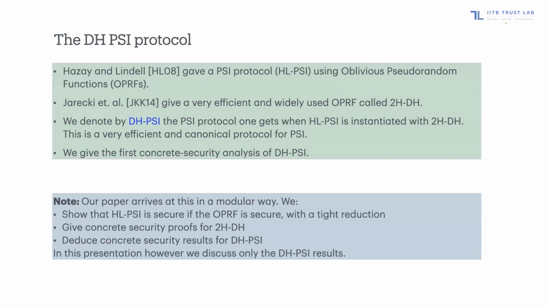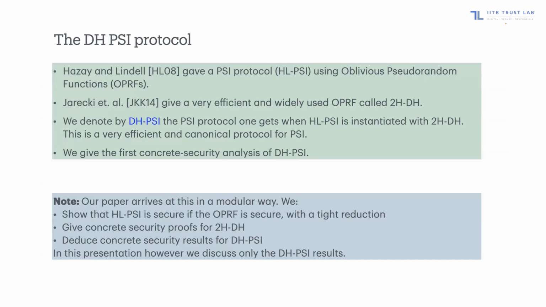That is the protocol that we call DH PSI when the underlying OPRF protocol that is used is 2-hash DH. In our paper, we concretely analyze this particular protocol and give some security results for it. We do this in a modular way.